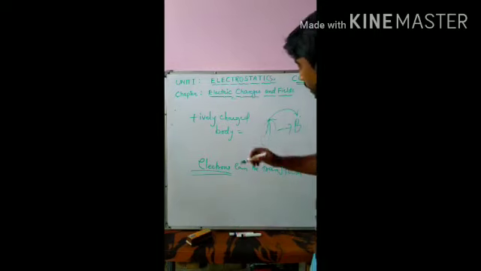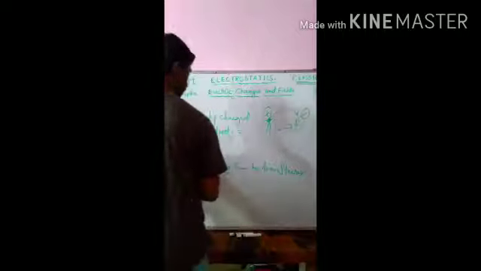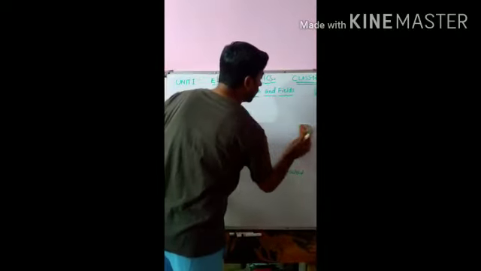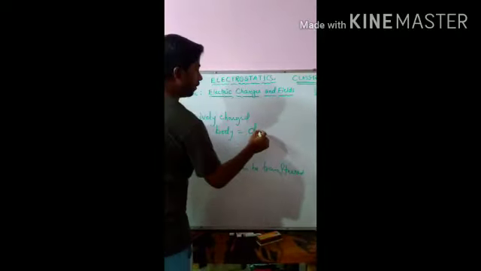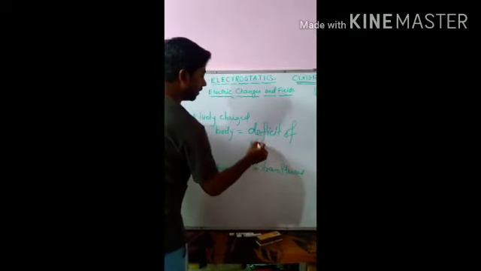Now, what is positively charged body? When you remove electrons from body A to body B, we say by convention, this body is said to be positively charged, this is said to be negatively charged. So you can note it like this. A positively charged body means it has a deficit of electrons.